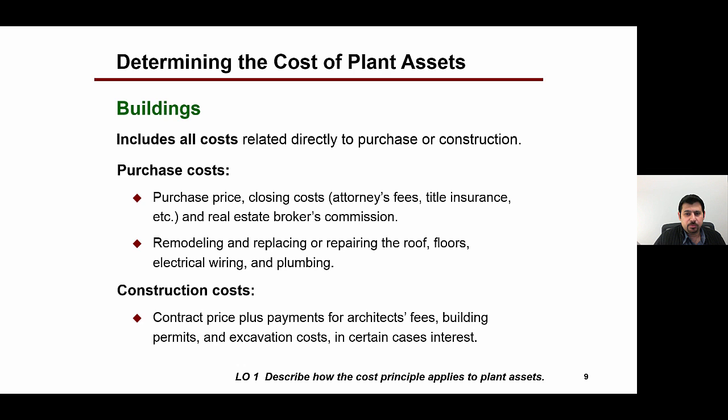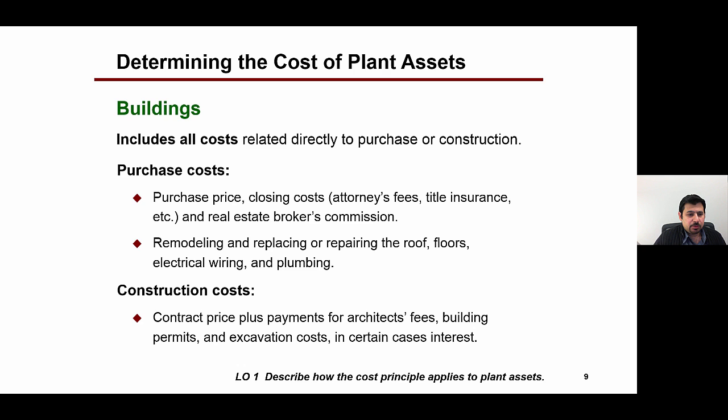For example, if you purchase an old building and you need to add some partitions to prepare it for its intended use, say offices, adding additional power outlets, network lines, etc. All these would be added to the cost.